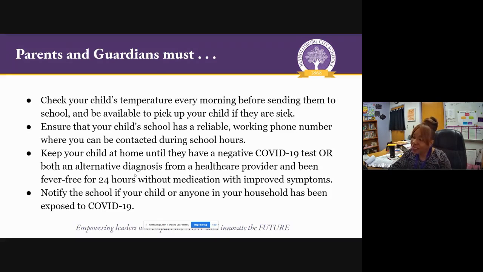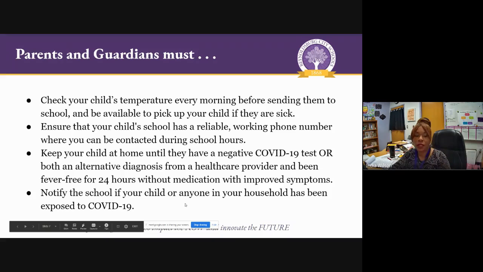And along with that alternative documentation of a different diagnosis, we also need your child to be fever-free for 24 hours. What that means is fever-free all on their healthy self, meaning they aren't fever-free because you gave them Tylenol. They're fever-free because they're better. If both of those exist, then yes, come on back.